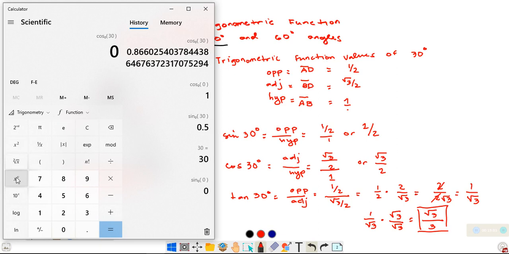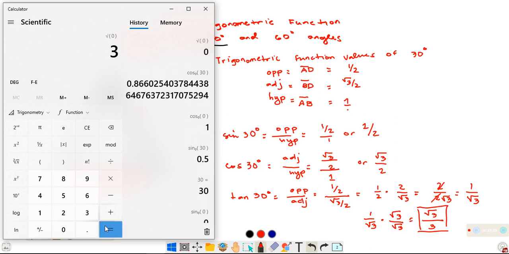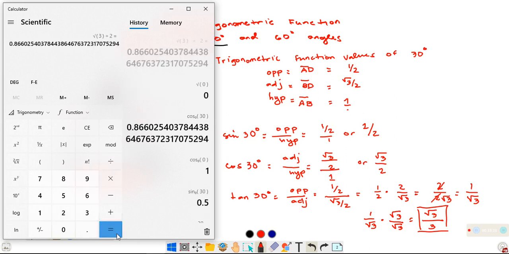Square root of 3 is 1.7320. I-divide natin siya by 2. So, 0.8660 din siya. So, our answer here for cosine 30 is correct. Square root of 3 over 2.